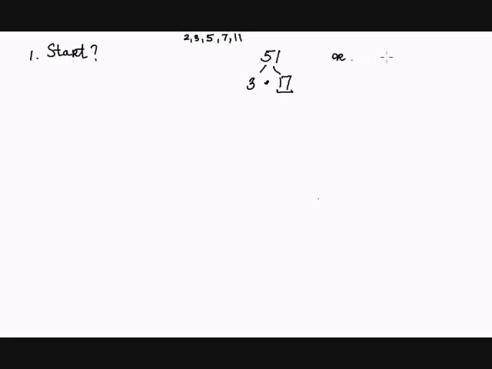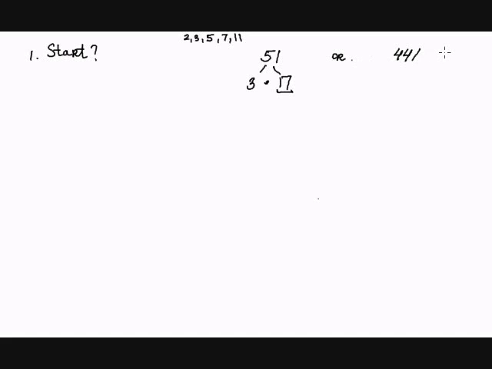Sometimes we don't know where to start just because we're dealing with such a huge number. For example, we have 441. It's big enough for us to get stuck. So we're going to do exactly the same thing. First, we're going to run the divisibility test by 2. 1 is an odd number, therefore 441 is not divisible by 2.